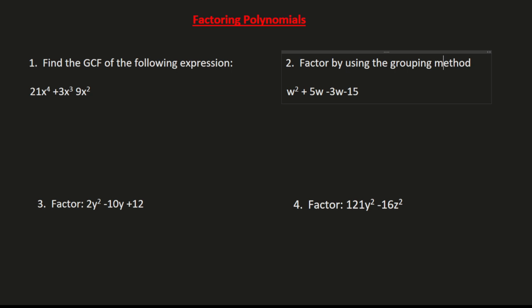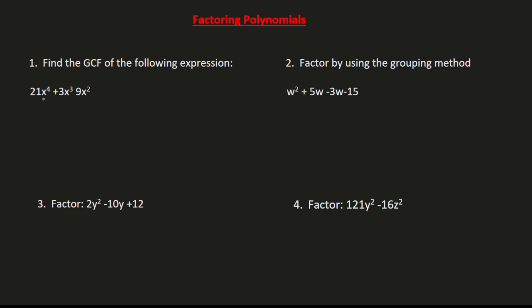This is the question: we're asked to find the GCF of this expression. It is 21x to the 4th plus 3x cubed plus 9x squared. The first thing we need to do is find the GCF of the numbers 21, 3, and 9.